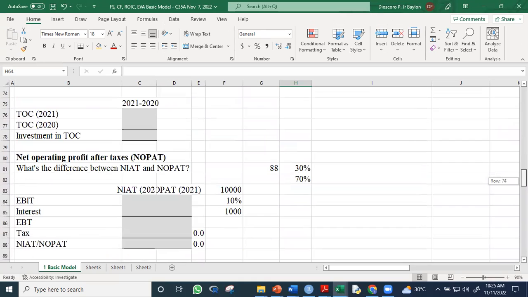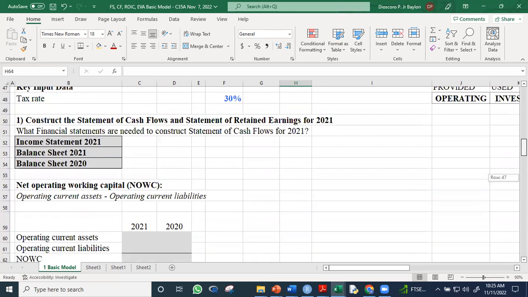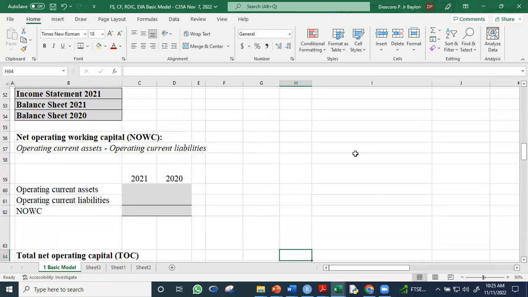Hopefully we'll be able to finish all of this by next meeting. So I think it's best to start computing for these things. First is the measure on net operating working capital. Okay, net operating working capital. So let's have some definition of terms first.